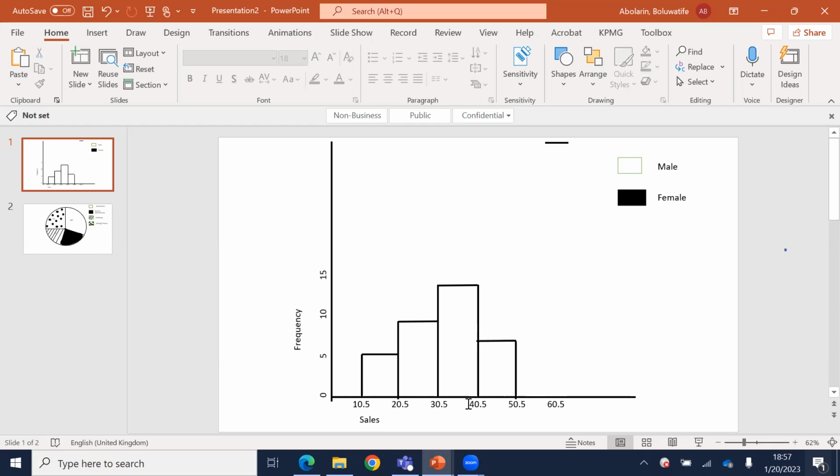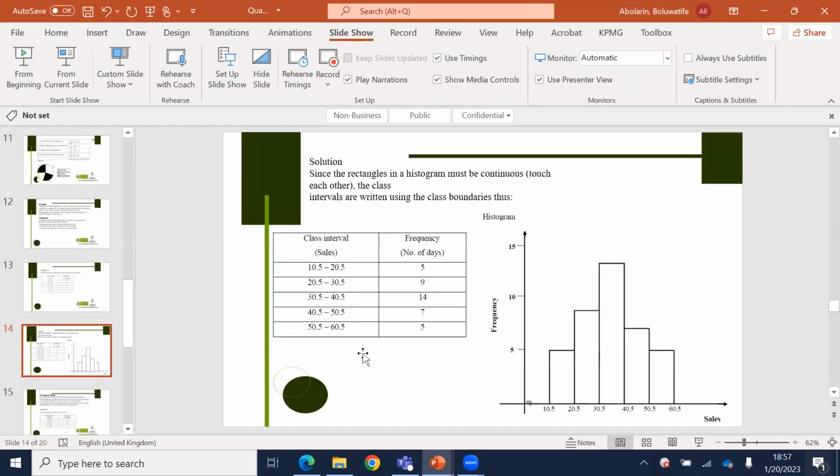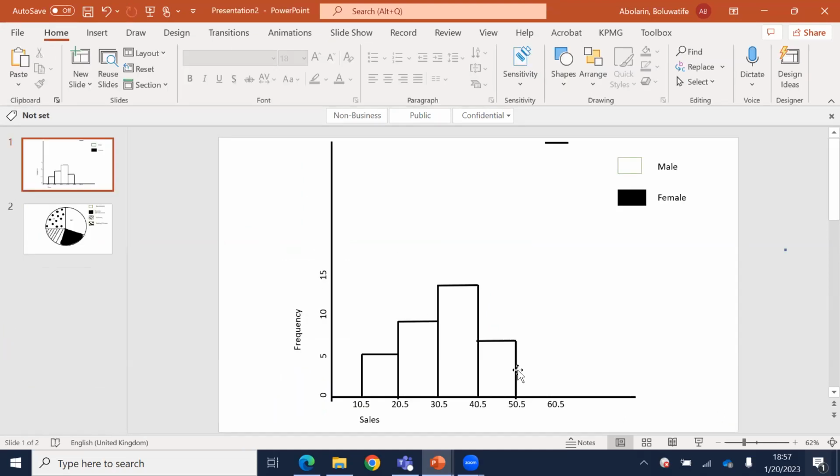So it's showing that between 40.5 to 50.5, it is 7. So now for the last one, which is 50.5 to 60.5, it is 5. You bring it in the middle of 60.5. The same size here.